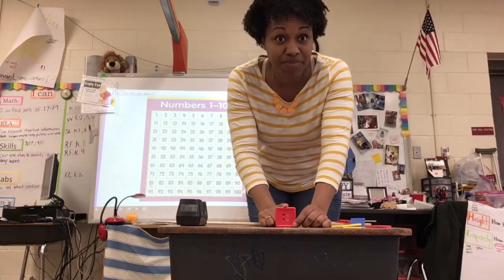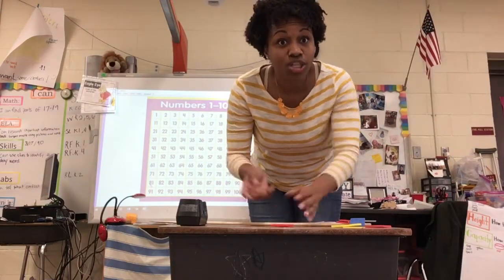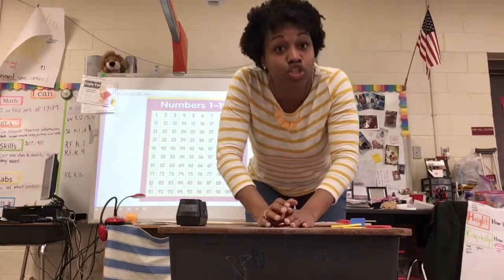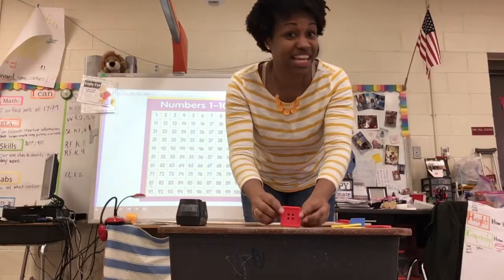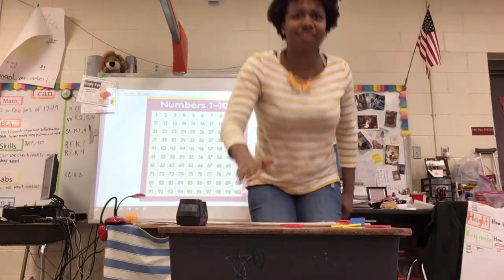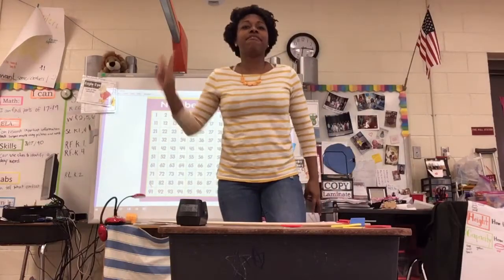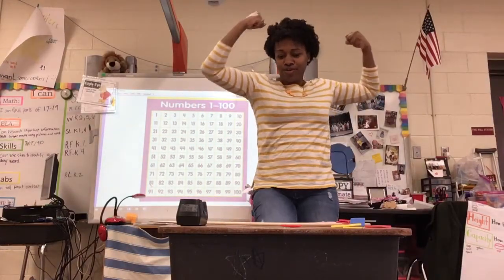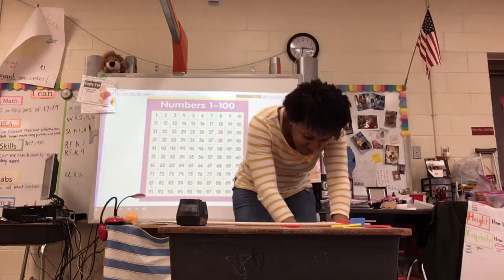So is it 2D or is it 3D? It's a 2D shape because it cannot stand on its own. It's flat. Say flat. 2D shapes are flat and 3D shapes are solid. Okay, let's try another one.